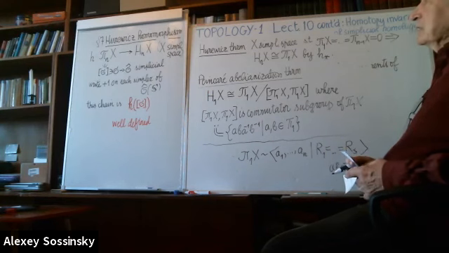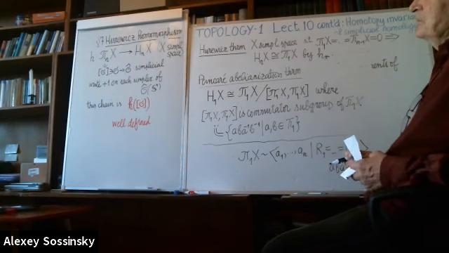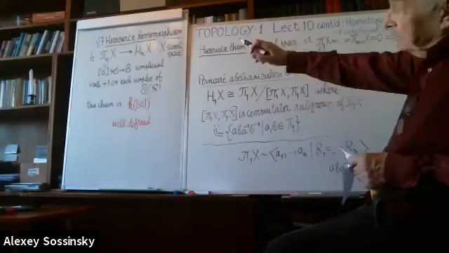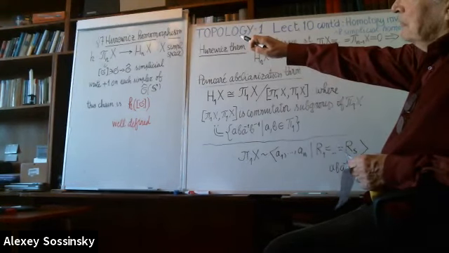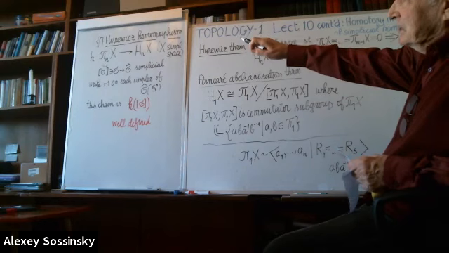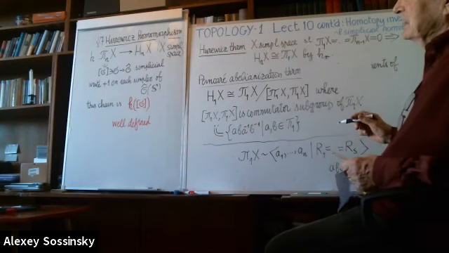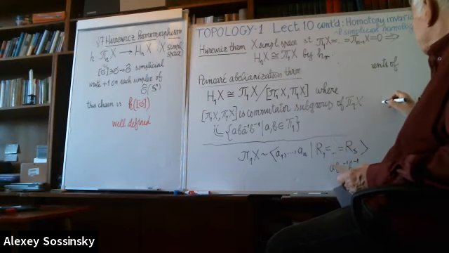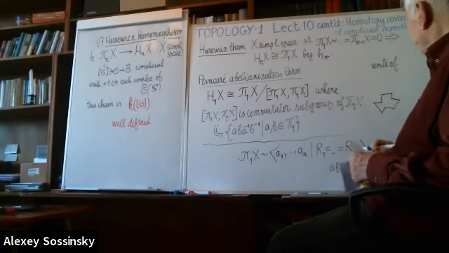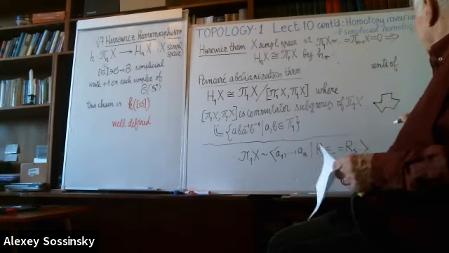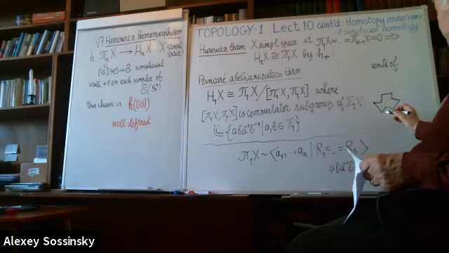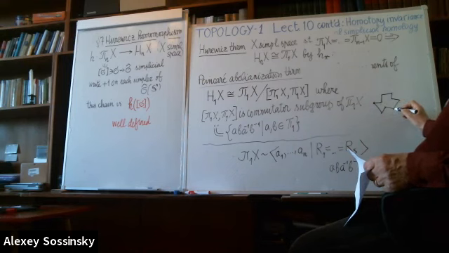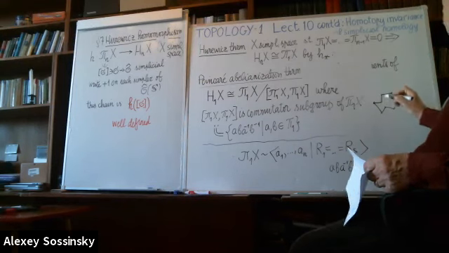If we look at what the Hurewicz homomorphism does, well, it does just that. An element of π1 of X can be regarded as a closed curve, possibly with self-intersections, of one-dimensional simplices.